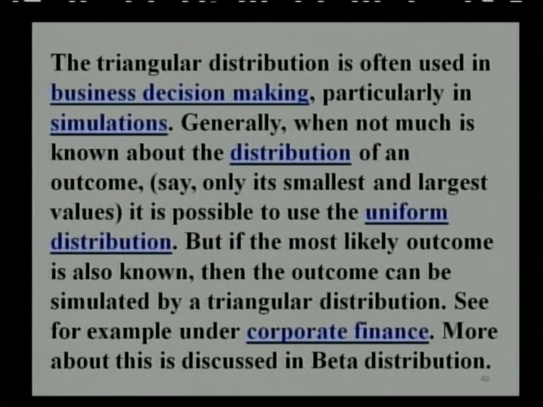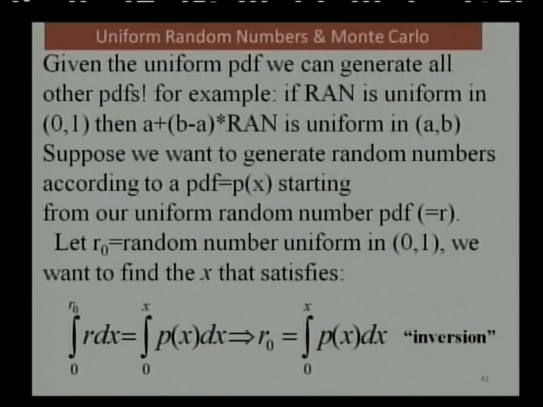A few examples are always considered under the case of corporate finance, and more about this is discussed when we talk about the beta distribution. On your screen you can see how random numbers can be generated from the uniform distribution over the range a to b.